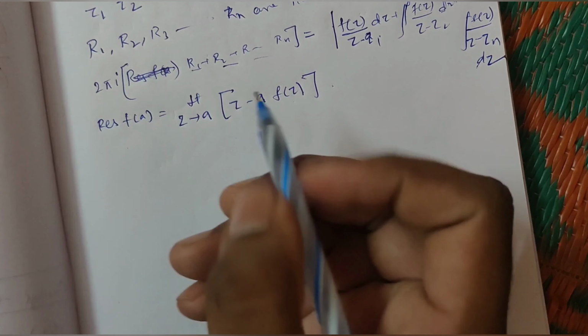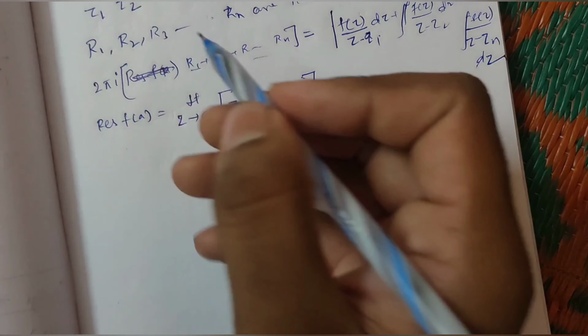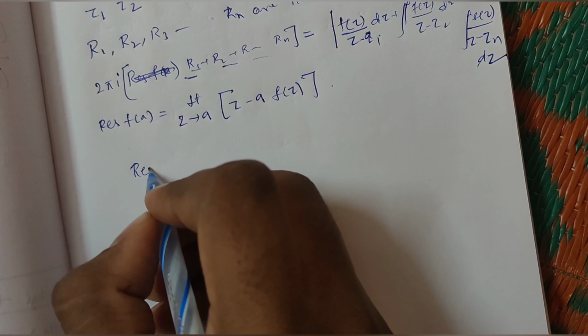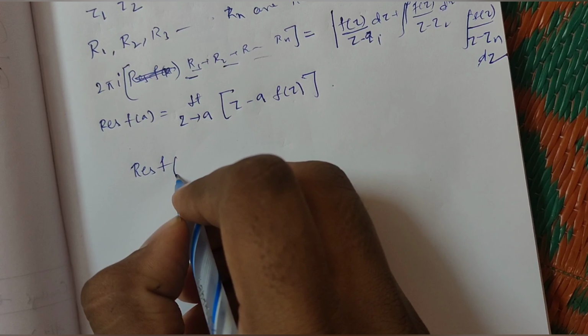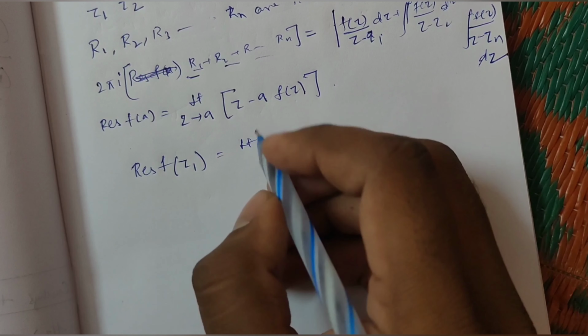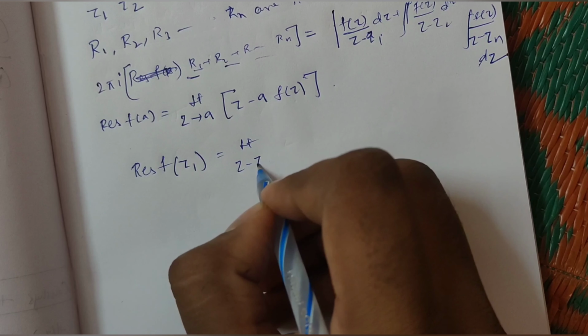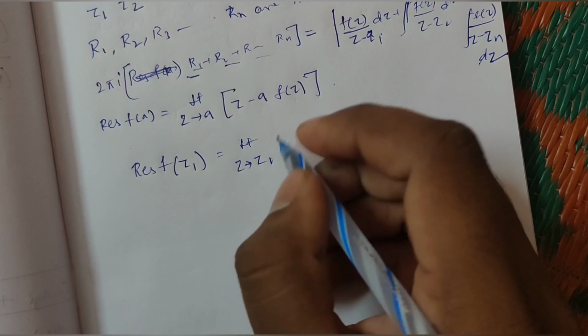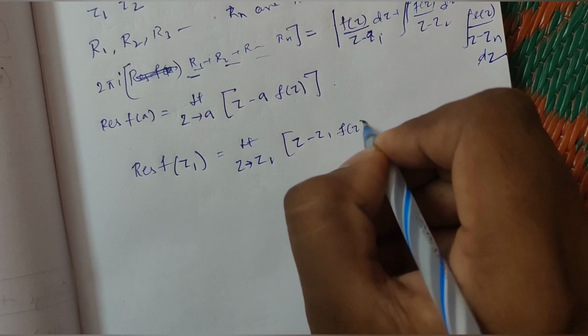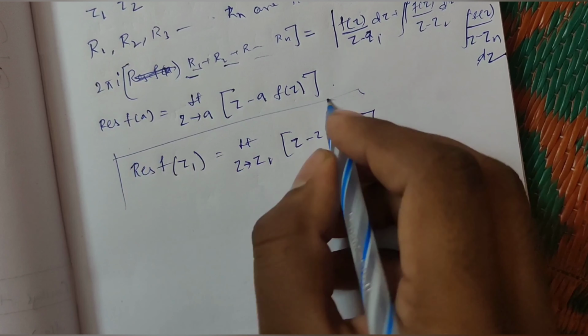Let's take R1 as a residue: the residue of f at z1 equals the limit as z tends to z1 of z minus z1 into f of z. It will be in this form.